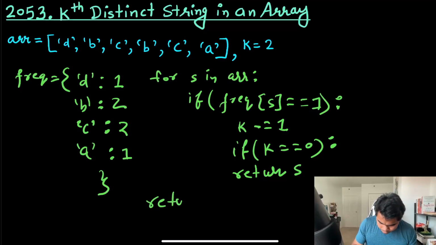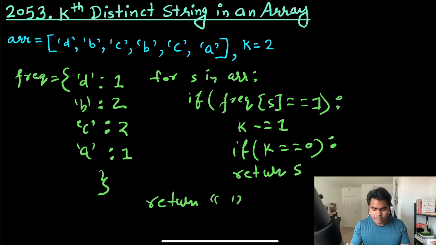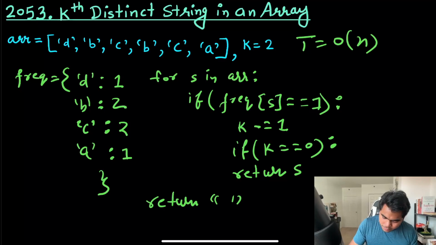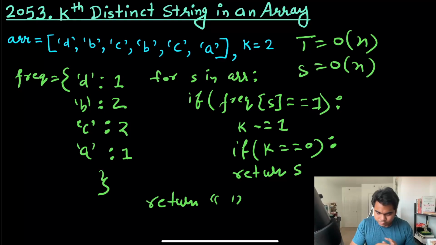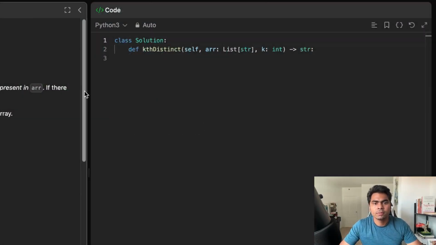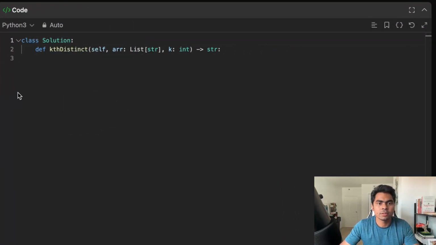Otherwise I will return an empty string. That is our entire solution, guys. Here the time complexity is big O of n and space complexity is also big O of n. We had to introduce a little bit of space to bring down the time complexity, because that's how you know the count of each of those strings.